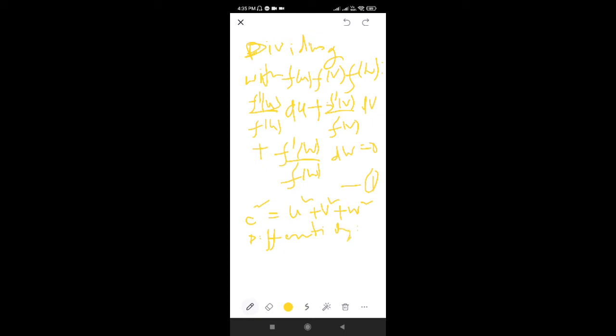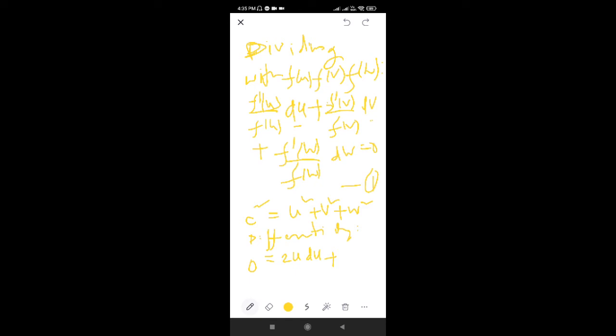Differentiating gives you, on this side, constant c square, 0. What is the differentiation of u square? 2u du. If you are doing differentiation with respect to u, then you need not write this du, but we are not differentiating with respect to u or v or w. That's why I am writing du here as we did in the previous case.